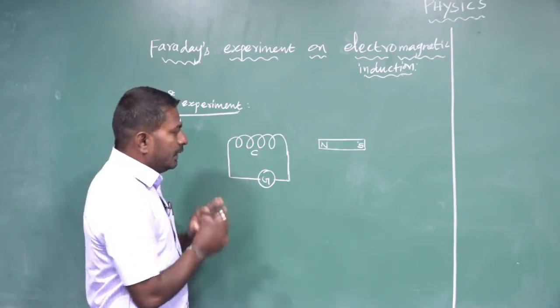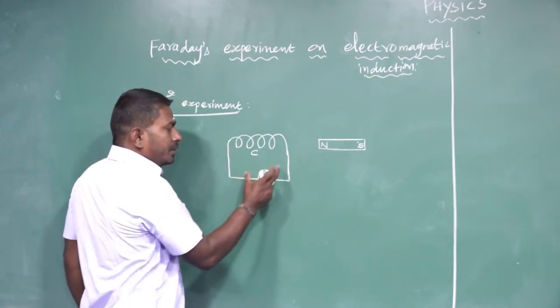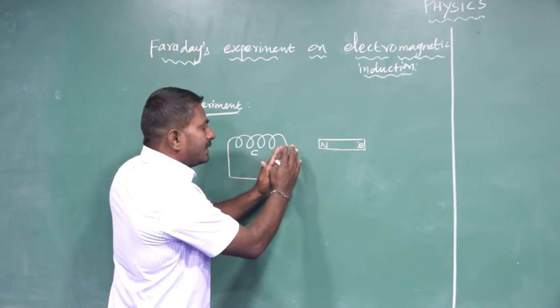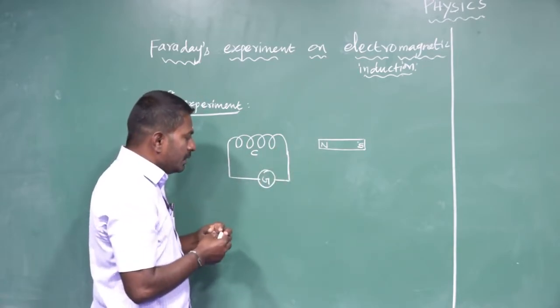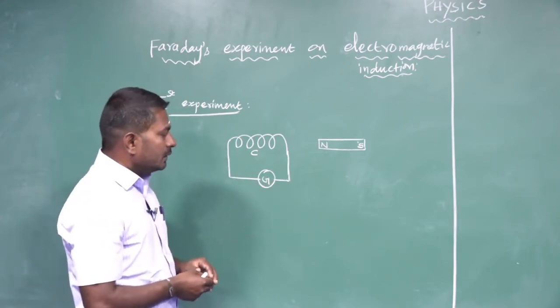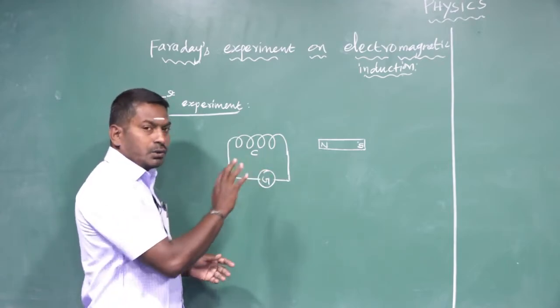So see the diagram. Now the bar magnet and the closed circuit are kept at rest at a particular distance of separation. We noticed the galvanometer does not show any deflection, which means no electric current flows in the circuit.